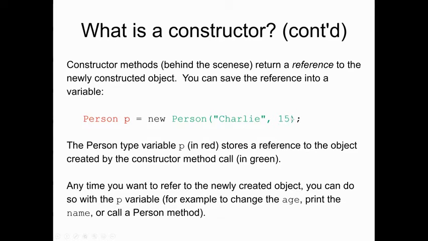And if we ever want to access this object, we can just do that with this variable p. The Person type variable p in red stores a reference to the object created by the constructor method call in green. Anytime you want to refer to the newly created object, you can do that with the p variable. For example, to change the age, print the name or call a Person method.